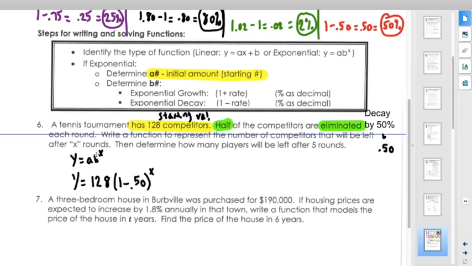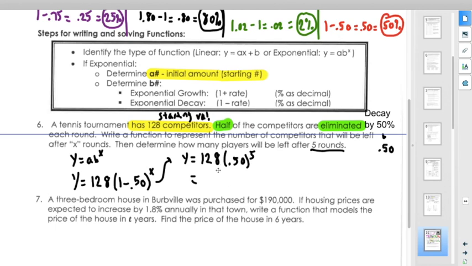So this is my function now. This is the function that represents the number of competitors that will be left after x rounds. And now I want to answer how many players will be left after 5 rounds. So all I want to do is substitute in for x with 5. So y equals 128 times 1 minus 0.5, which is just 0.5, to the 5th power.